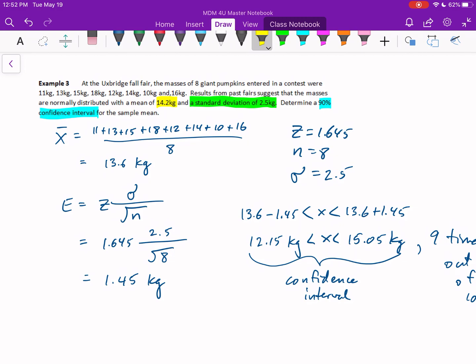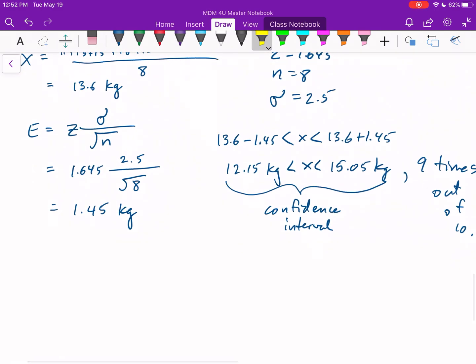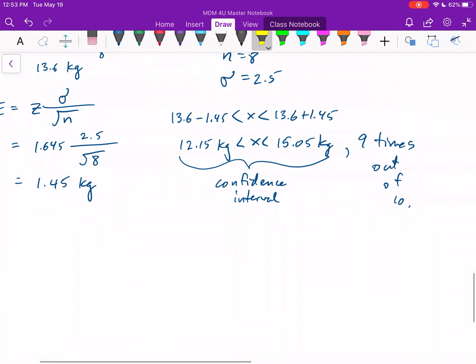But it seems to me it were better just to calculate our own mean and work with that. If I made a mistake there, we could make an easy adjustment just by adding and subtracting 1.45 from 14.2 rather than 13.6. The math would work out the exact same, so don't worry about it either way.